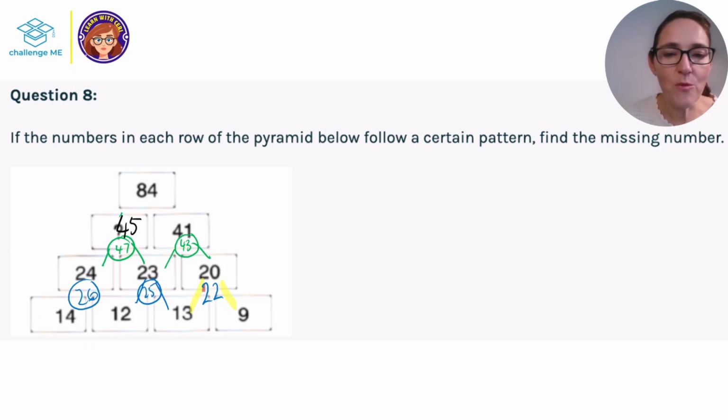Let's see if that works for the number above then. If we add those two, do we get 86? Yes, we do, because 40 and 45 add 1 makes 86. So that's the rule. It is an adding pyramid, but the numbers in the box are 2 less than when you add the numbers below. And the number we need is 45 for that box there.